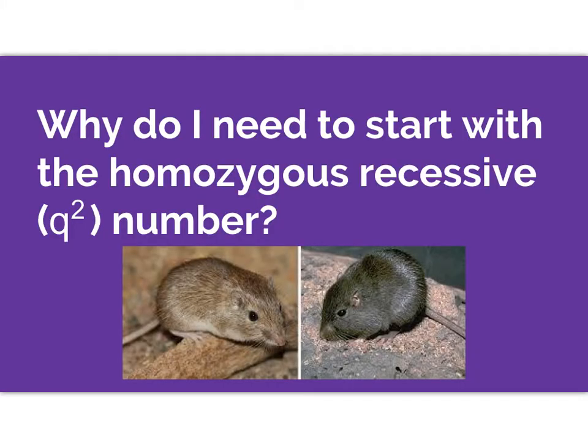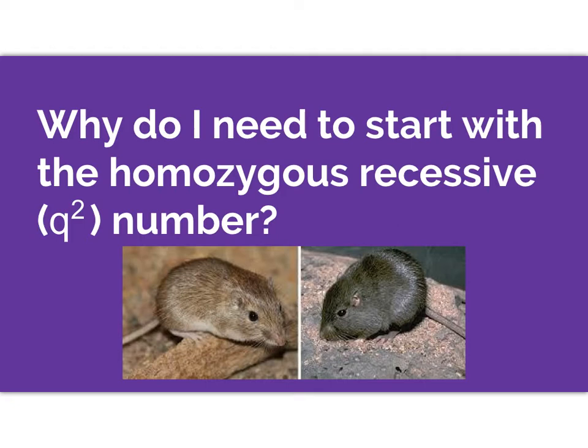When using the Hardy-Weinberg equation, we usually will always start with the homozygous recessive, meaning q squared. But why is this? We do this because we know the genotype for homozygous recessive. So for example, we know that that light-colored mouse has 2 lowercase d alleles for its genotype. But we don't know that dark-colored mouse's genotype.